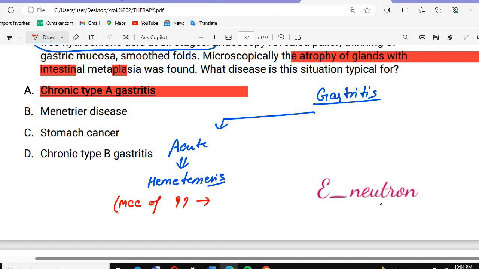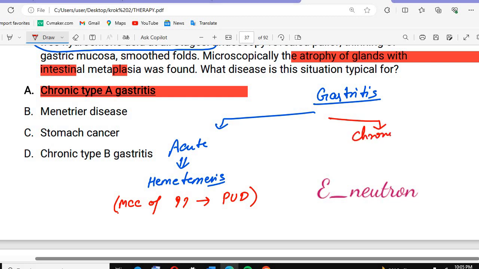That is peptic ulcer disease. Which ulcer is the most commonly seen in peptic ulcer disease? The most common is the duodenal ulcer, and both are associated with Helicobacter pylori.